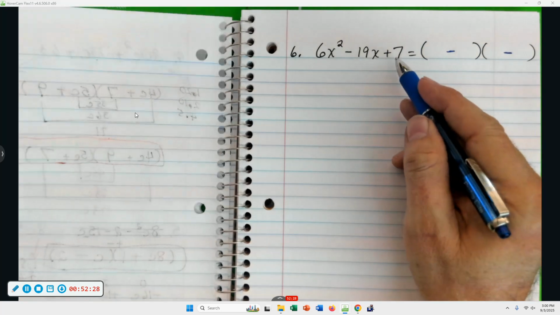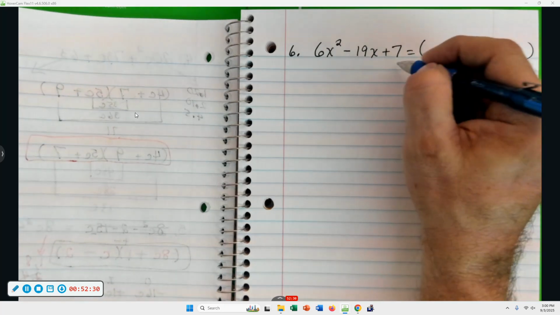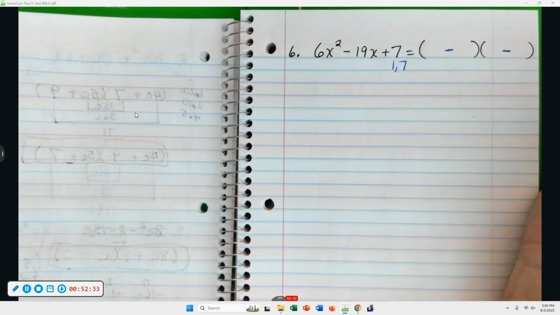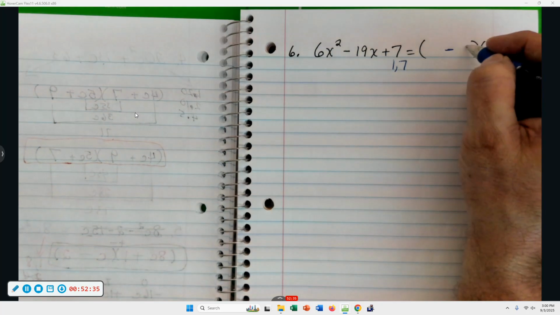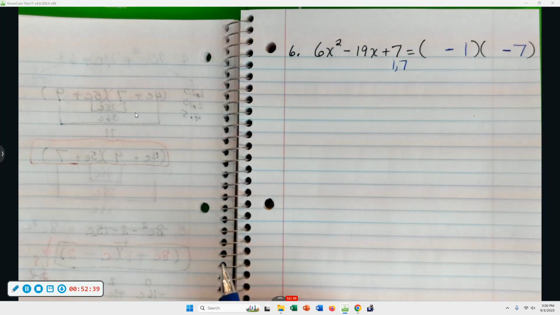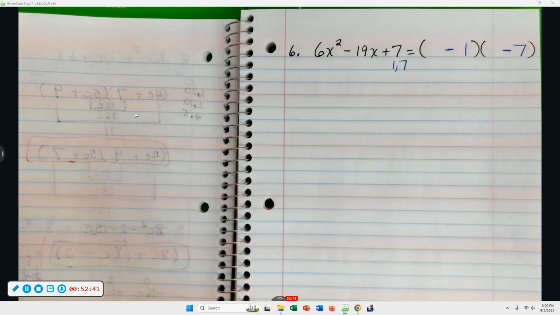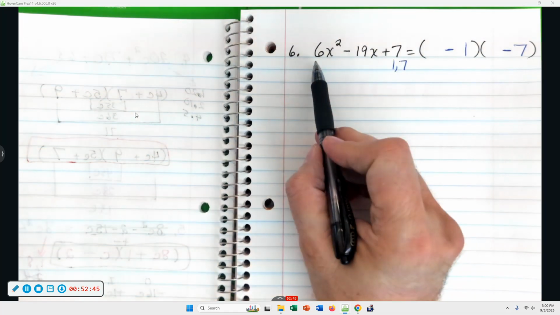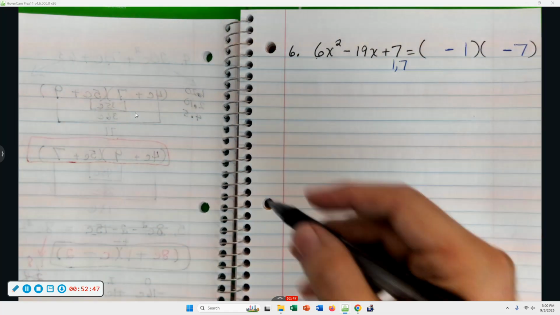Since 7 is prime, the only numbers that multiply together to give us 7 are 1 and 7. I'm going to go ahead and write those. Now, numbers that multiply together to give 6. Well, there's a couple of them.